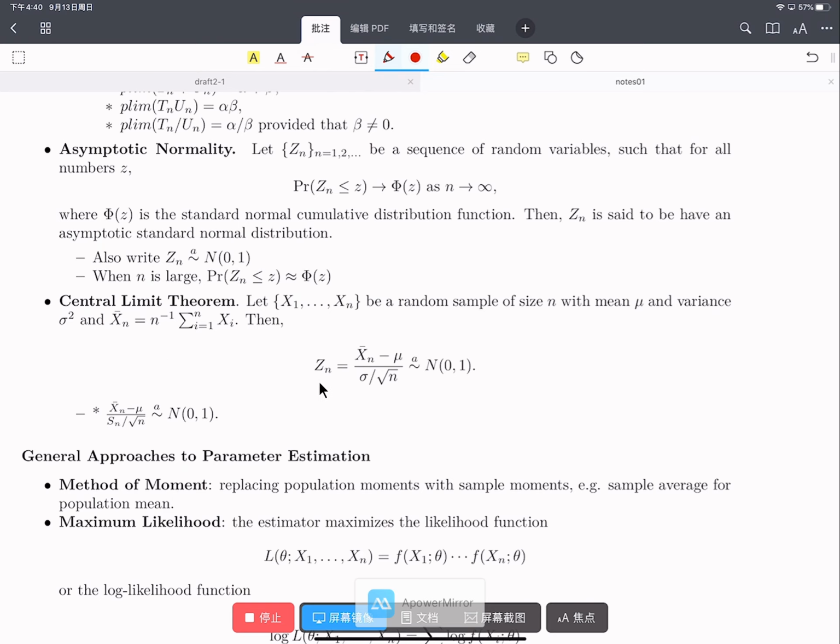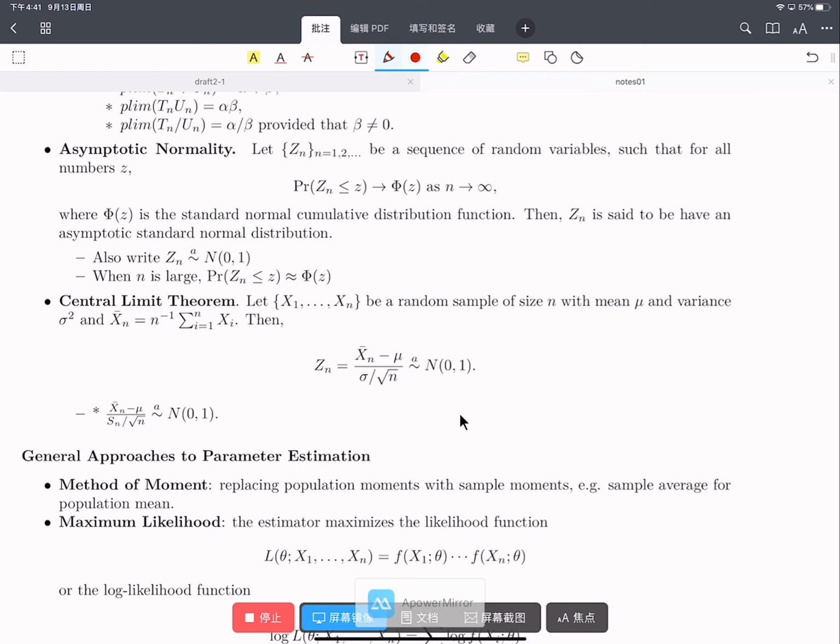Then we do a little transformation. Let Zn equal x n bar minus mu, divided by sigma divided by the square root of n. If we do this transformation, we get a new random variable Zn, and this Zn has the asymptotic normality property. It is asymptotically normally distributed.